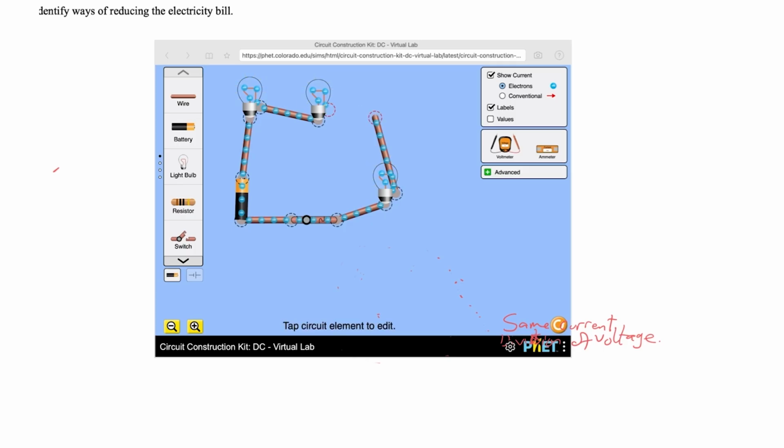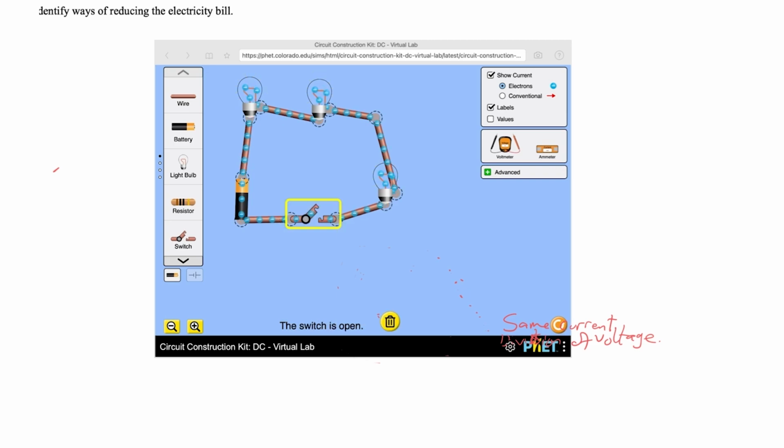So when I removed that wire, you find that all these bulbs will not light until you bring that wire and put it back. So that is the series arrangement.